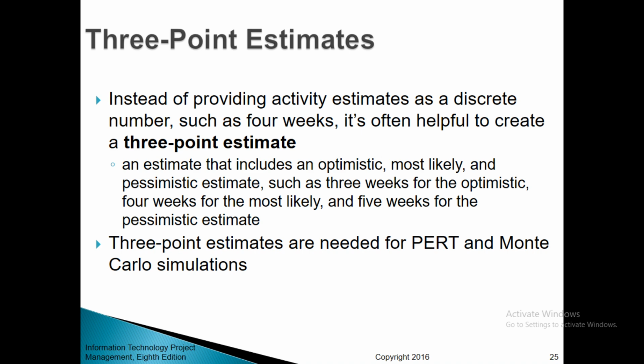Ang pangatlo is ang pessimistic estimate. This is your gloomiest estimate, assuming everything goes wrong and there are a lot of delays or problems. So, by having these three different estimates, you can get a better sense of the range of possibilities and account for uncertainty.